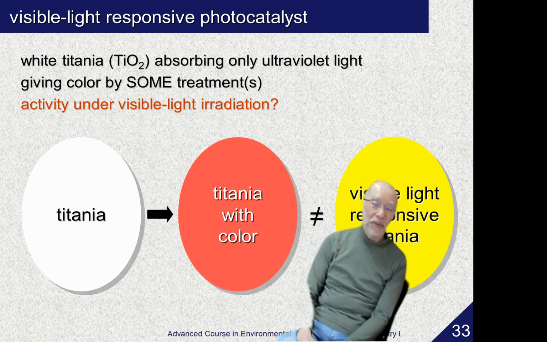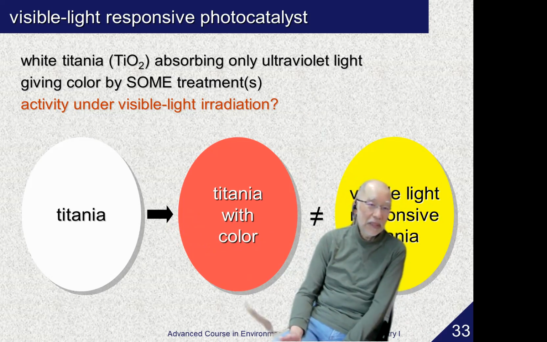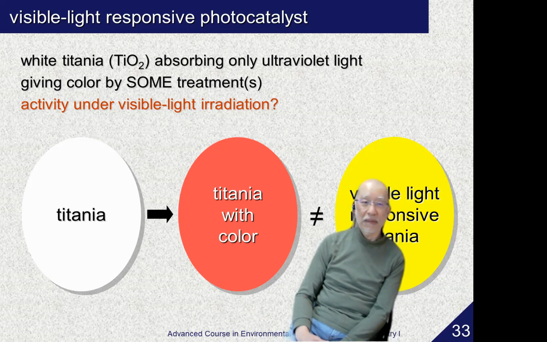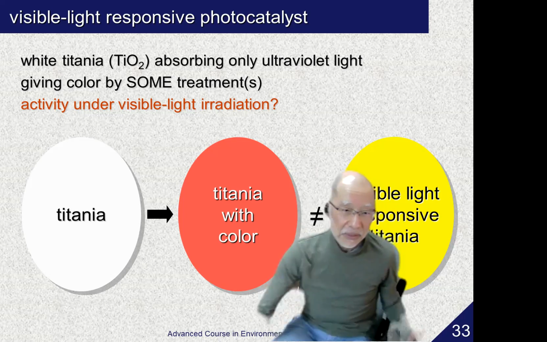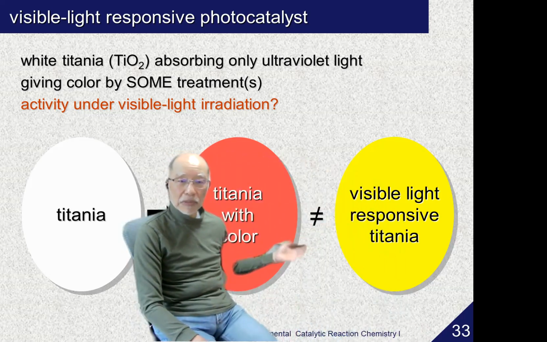To do so, the titanium must have some color, and it is not so difficult to make colored titanium. But this cannot be directly said to be a visible light responsible titanium.